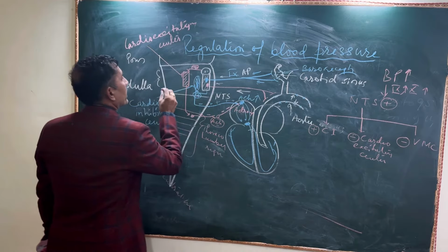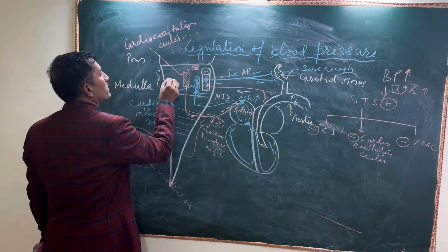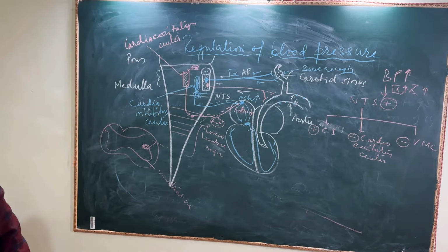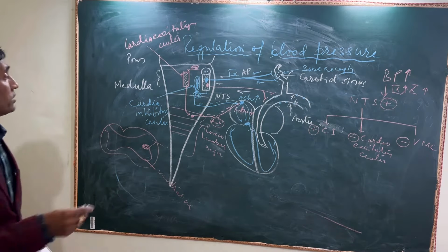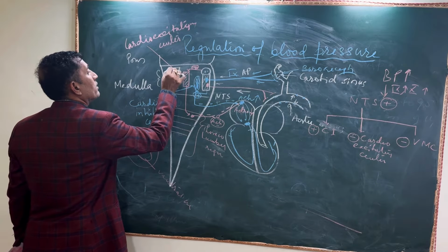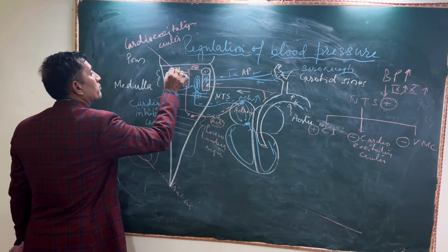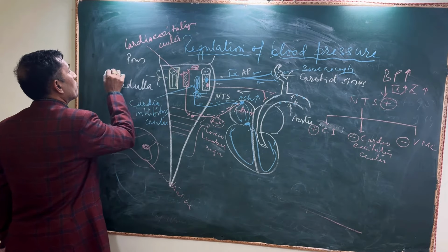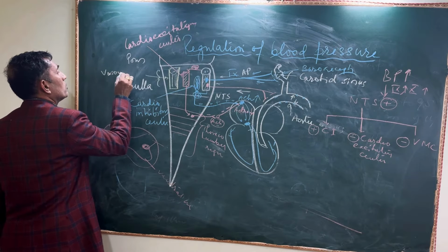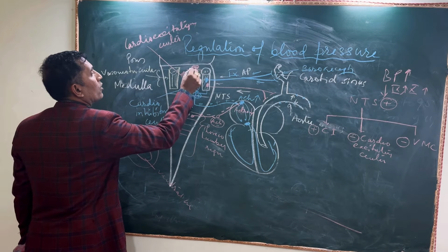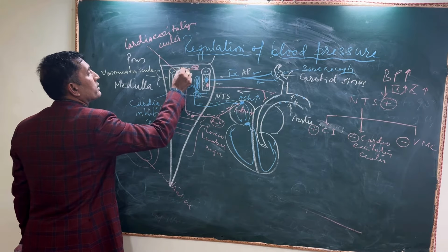There is another center also there. That is the vasomotor center. This is the vasomotor center, and this center also is inhibited.